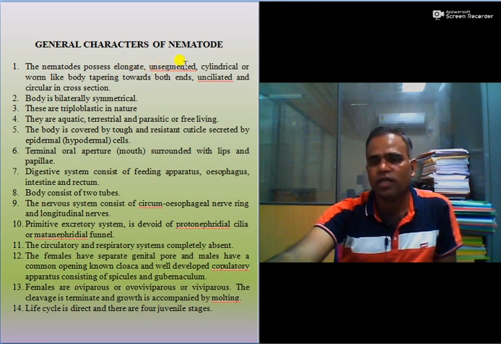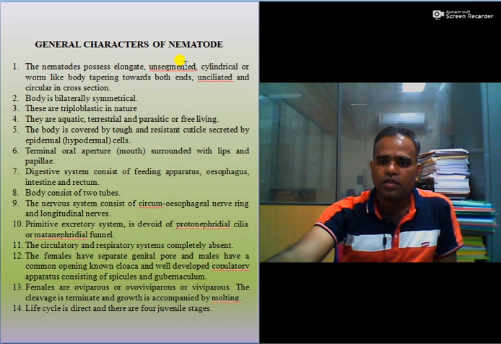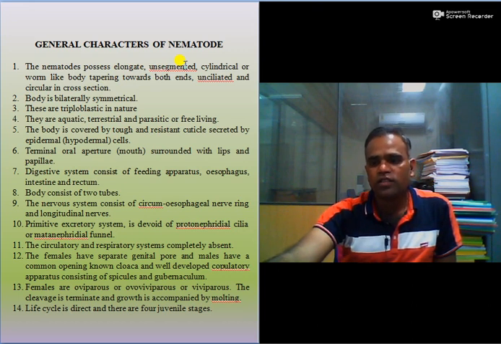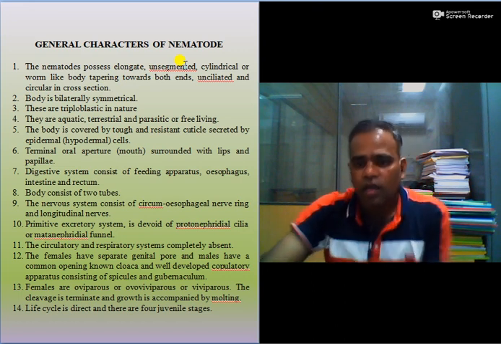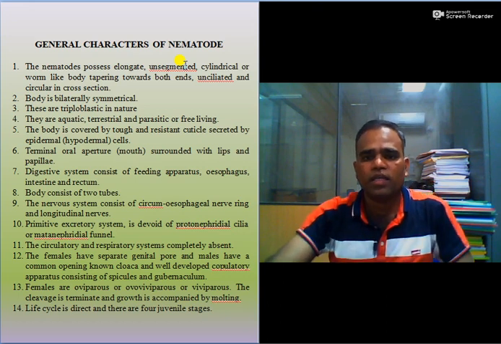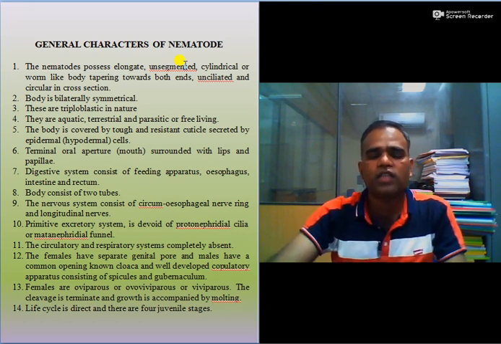It is unsegmented. What does it mean? If we observe the insects, these are having segments, but in case of nematode, the body is not having any segment. That is why it is called as unsegmented body.